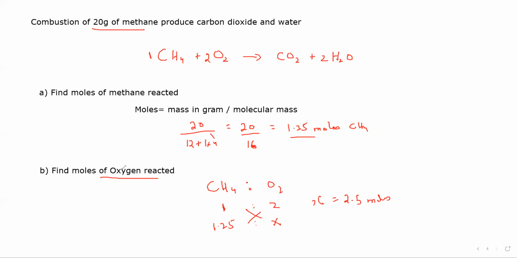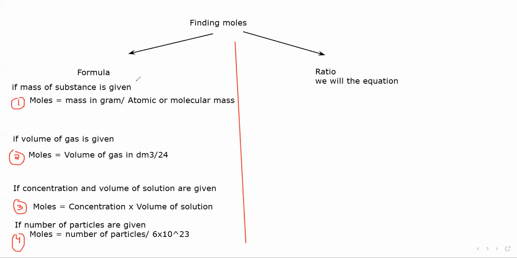The second part is find moles of oxygen. In the question, nothing is given related to oxygen. If nothing is given related to oxygen, you cannot use a formula. So in that case, you have to use a ratio. And how will you use a ratio for this?